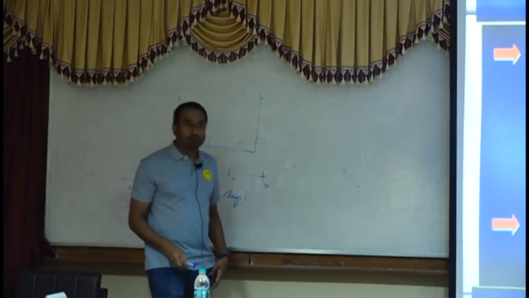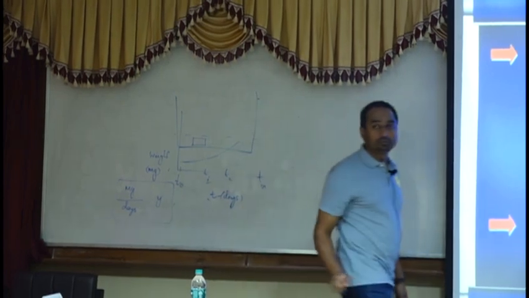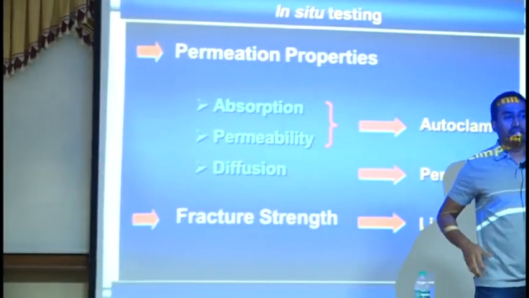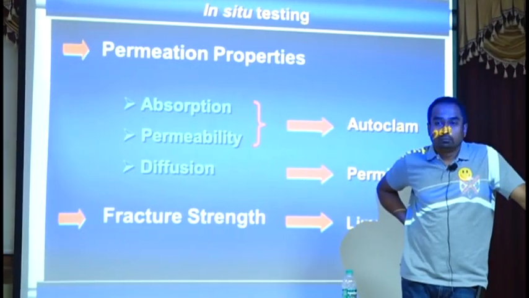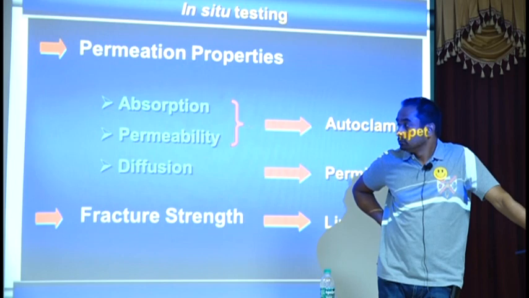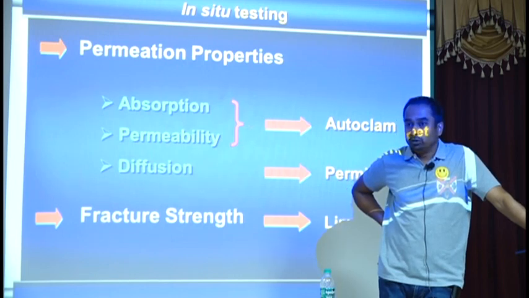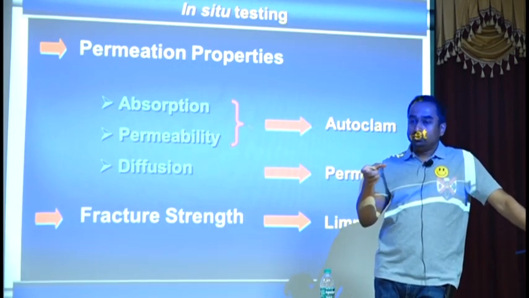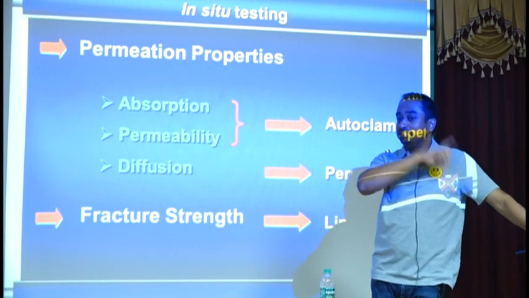What does that tell you? Does that milligram per day tell you anything about the concrete? For a surface area? You need to convert the rate of absorption, because you're still testing the site.